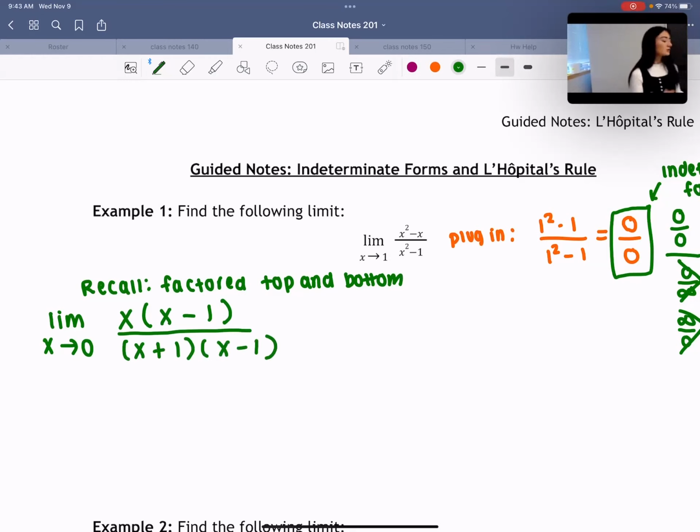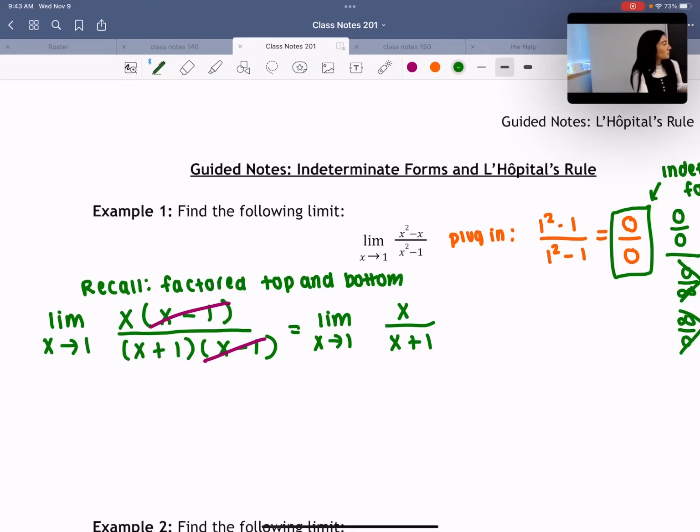Once we factor the top, oh, this is the limit as x goes to 1, not 0. Sorry. Once we did that, the top and the bottom both have an x minus 1, so we can cross those out. And what we're left with is the limit as x goes to 1 of x over x plus 1. Now we have another limit. It looks a little bit different than what we did.